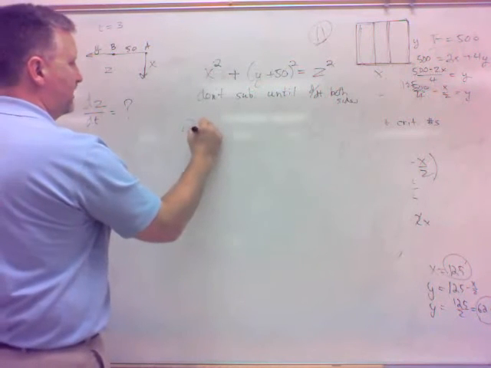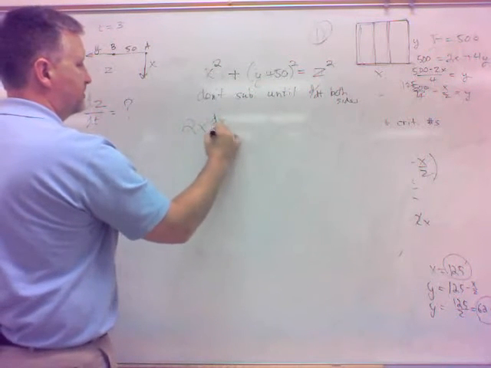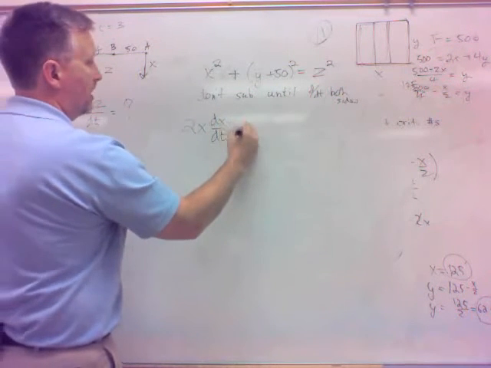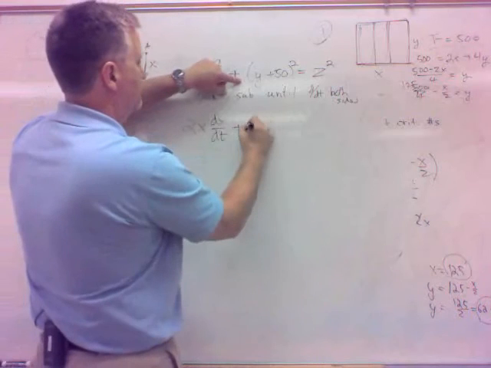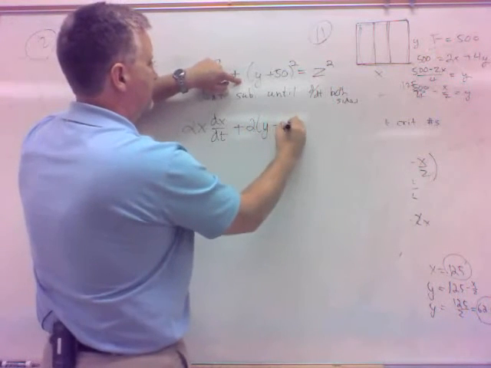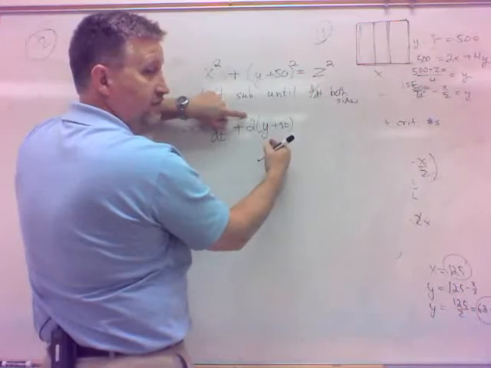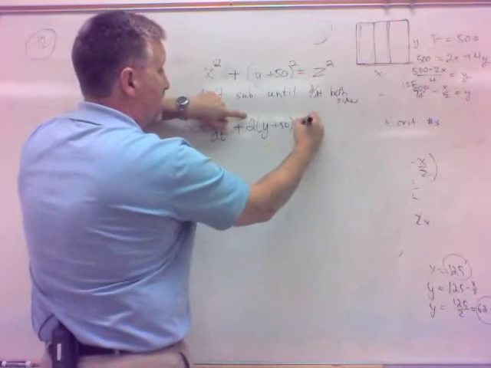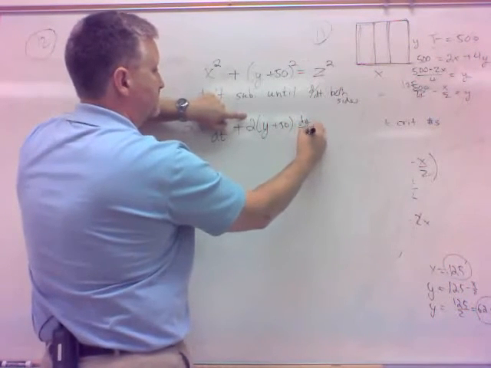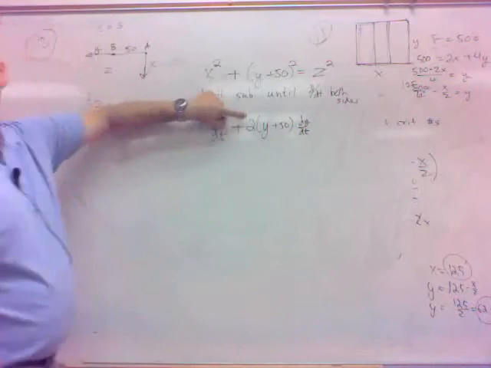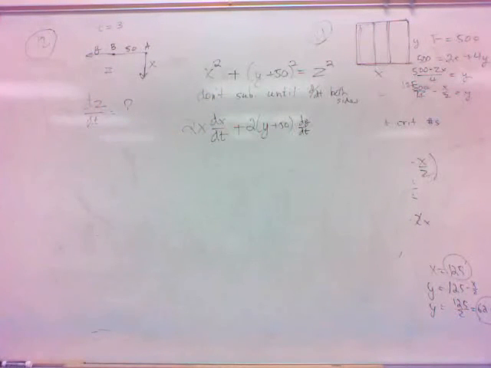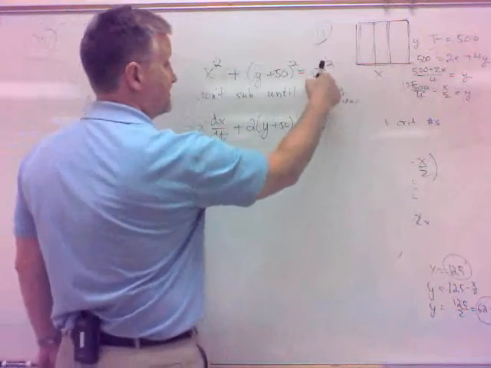So that would be 2x dx/dt, all right? Plus, what was this one? 2 times y plus 50 to the first times, the inside is just 1, dy/dt. Are you with me on that? And then the derivative of z squared.